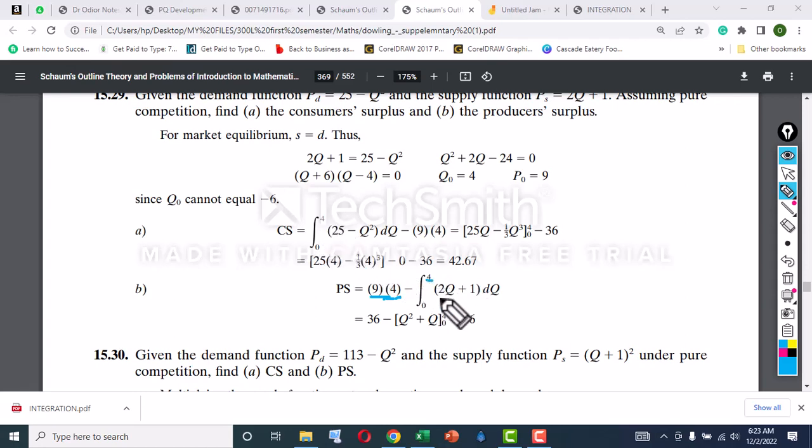The function that will change, that one is the demand function, this one is the supply function. So you use the supply function here, you do the same thing, and you get your answer. Once you get your answer, you are good to go. So your producer surplus will be 16, consumer surplus 42.67. So that's how we do that.